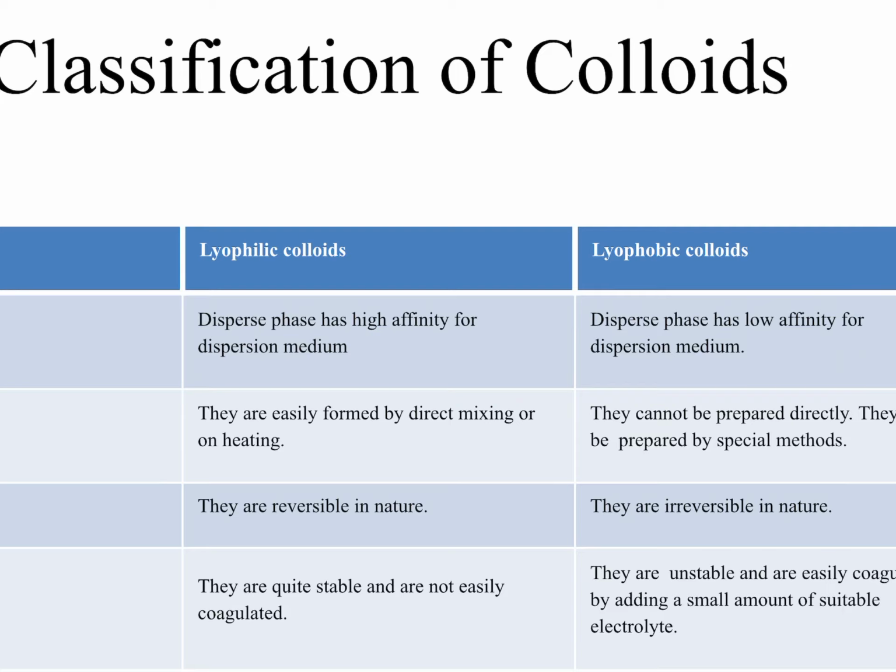The milk is stable, it is a sort of lyophobic colloid. You cannot get milk back from the coagulated milk. This breaking of the milk is scientifically called coagulation. Once it is coagulated, it is an irreversible process.